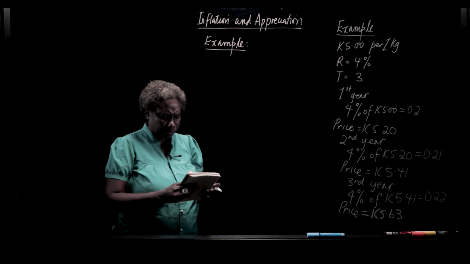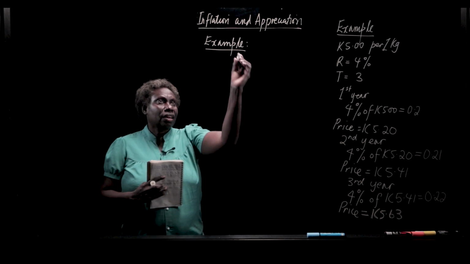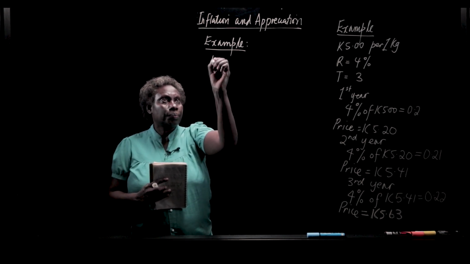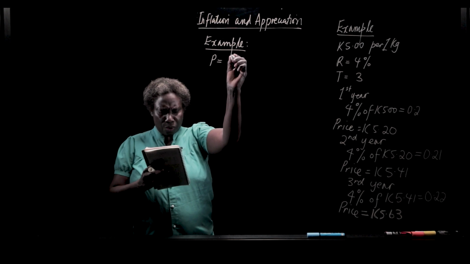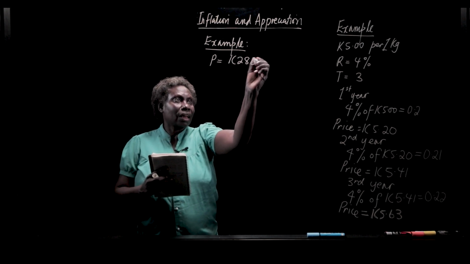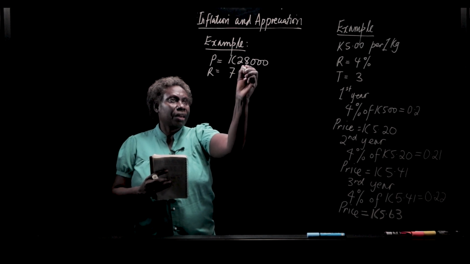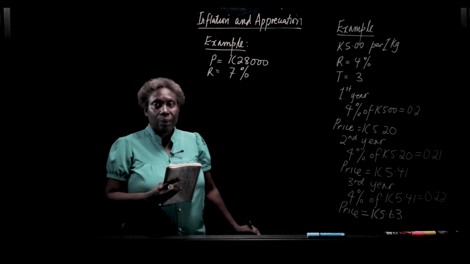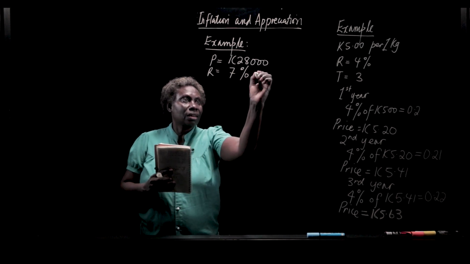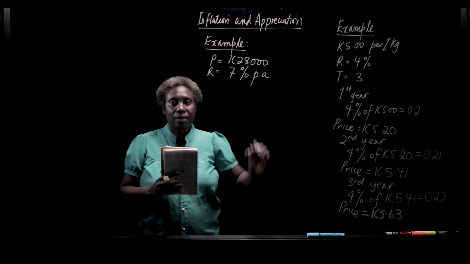Let's say Peter buys a block of land for 28,000 kina, and it appreciates by 7% per year, or we can say 7% per annum.